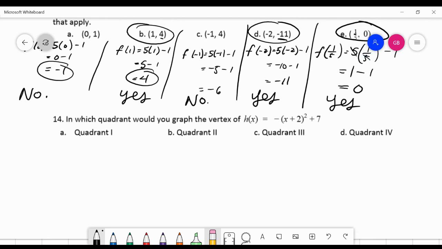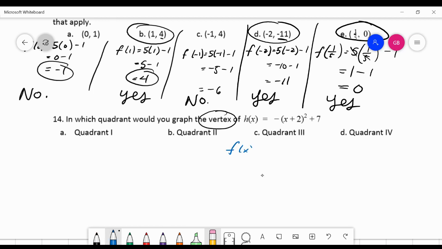14. In which quadrant would you graph the vertex of h of x equals negative (x plus 2) squared plus 7? So we need to find the vertex. Luckily, it's in vertex form.